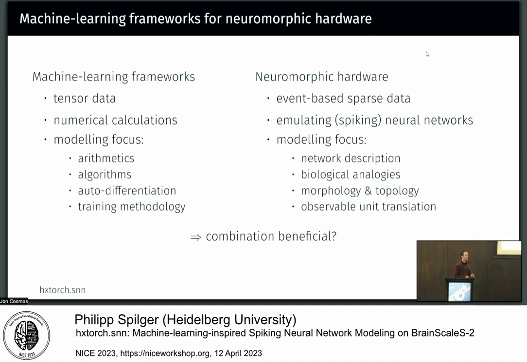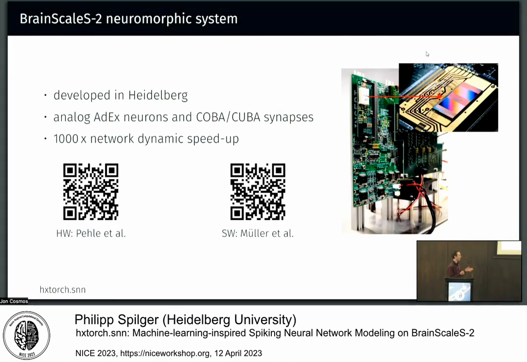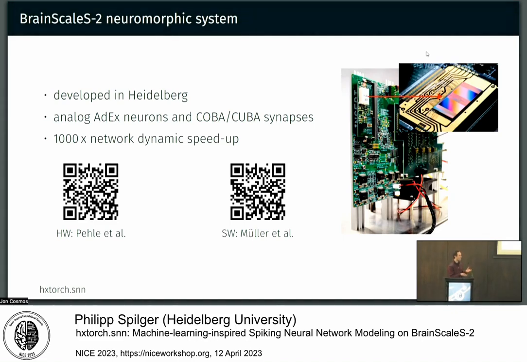To introduce the hardware that we are going to build into the machine learning framework, this is BrainScaleS-2. It's developed in Heidelberg. It has analog adaptive exponential neurons, and you can choose between current-based and conductance-based synapses.